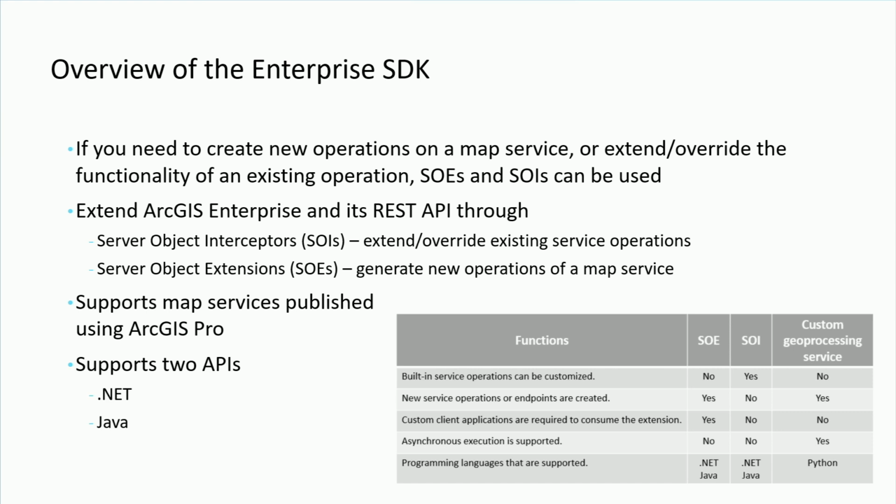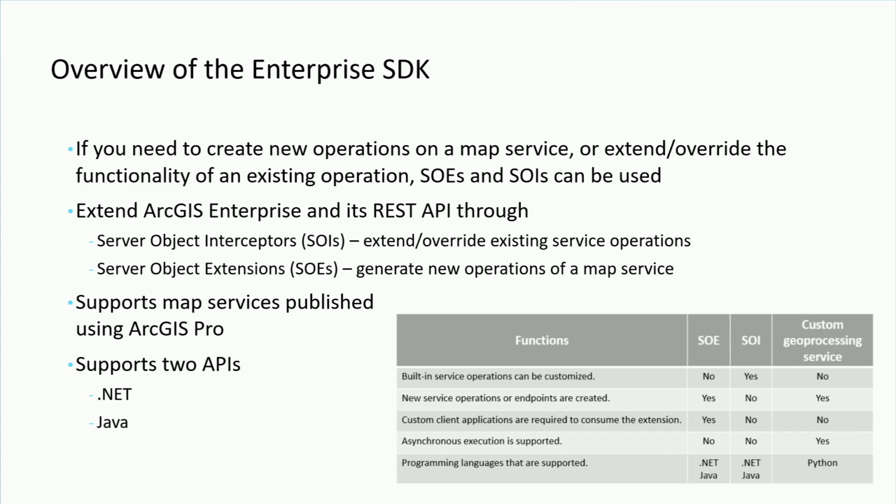So if you do augment the REST API through new operations, you'll have to augment the client applications to take advantage of them, okay? Because Pro doesn't know about your extensions. It won't know. But if you choose to enhance or override an existing operation made available through REST, that's completely fine.